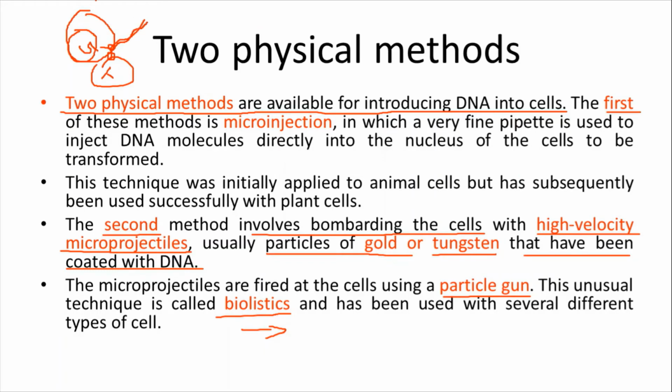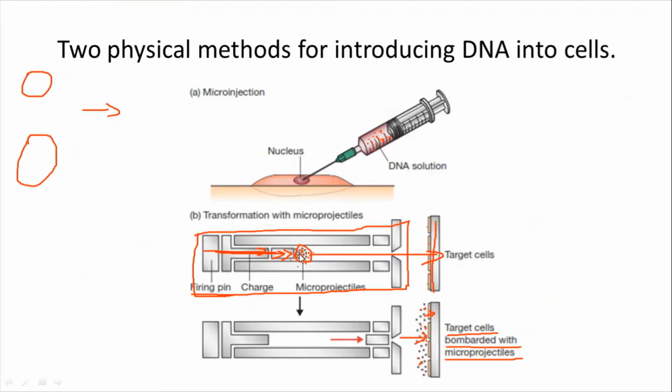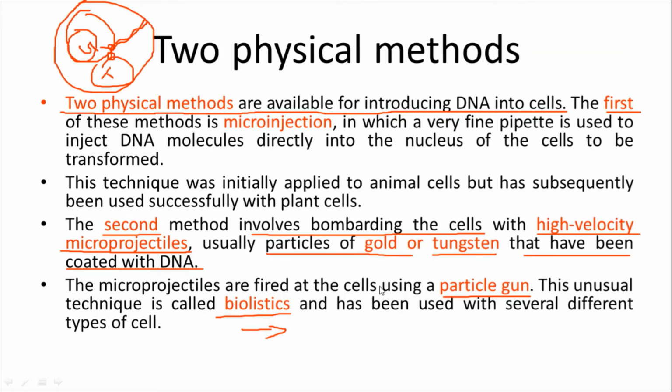The microprojectiles are fired at the cell using a gun, and the technique is called biolistics. It can be used to transfer DNA into several different types of cells, and the transformation efficiency may be high because it is a very sophisticated gene gun method, just like a gun.